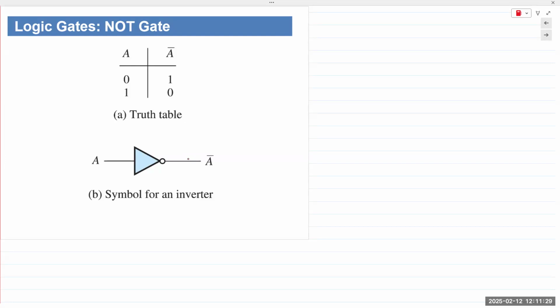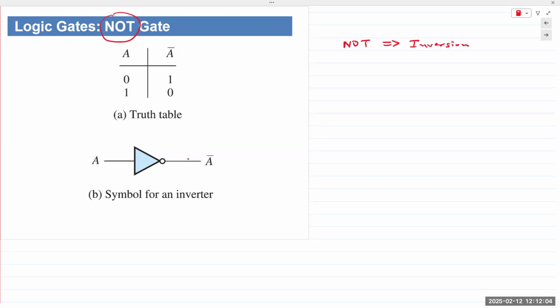We look first at these three gates, see how they are implemented in digital logic circuits, and then we'll look at other gates that serve some special functions. Now, we are using binary math or logic math, which is not exactly the same as the arithmetic that we have learned. NOT basically refers to inversion.